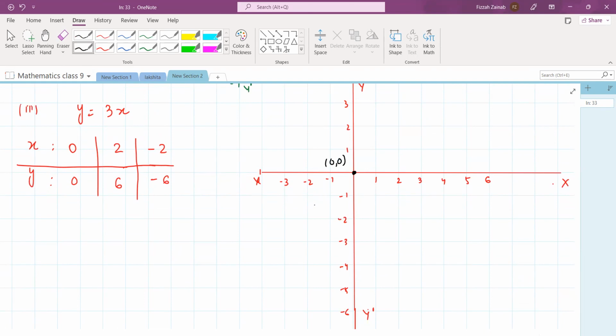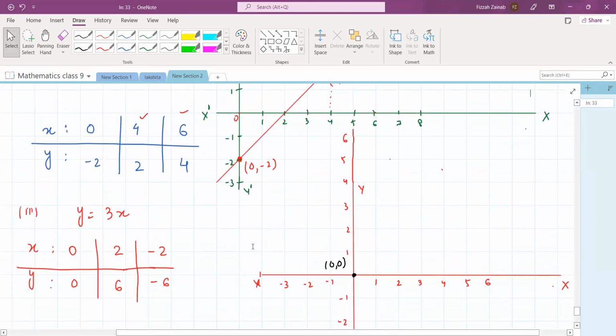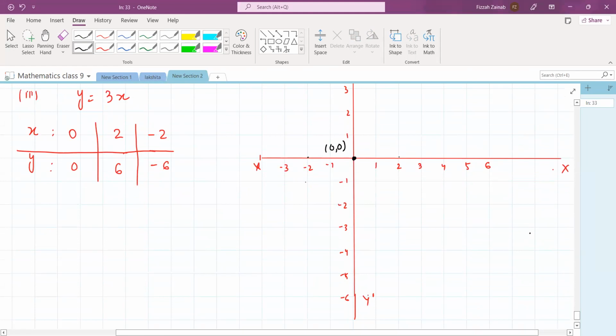Next, x is +2 and y is +6. So where does it lie? +2 and +6 means this is the point, right? If there is any confusion, you can ask me. Now x is -2, y is -6.